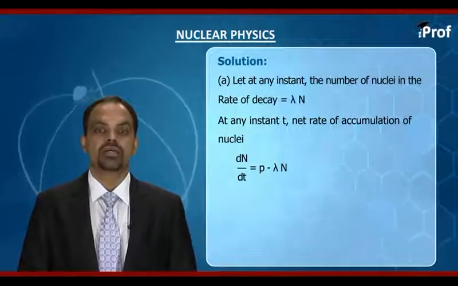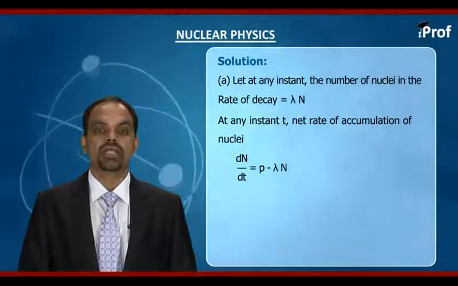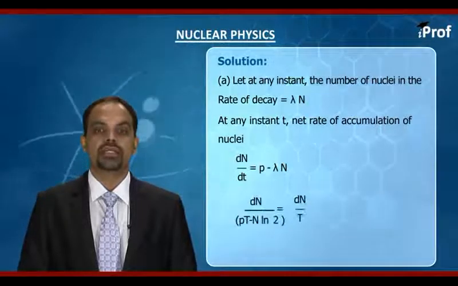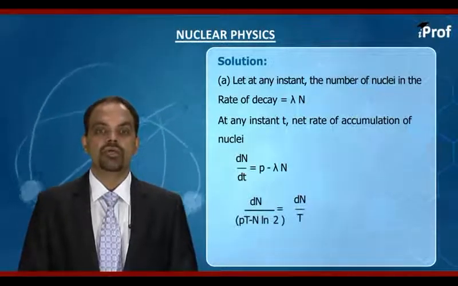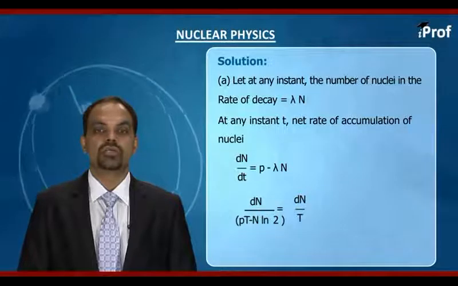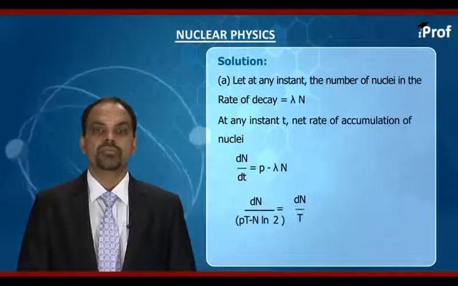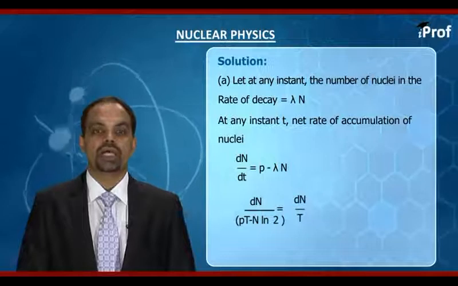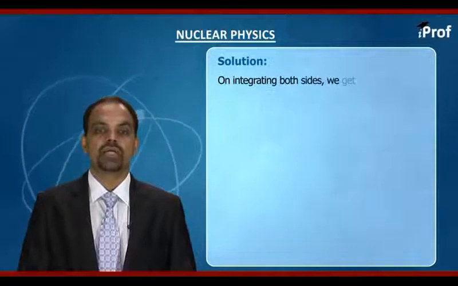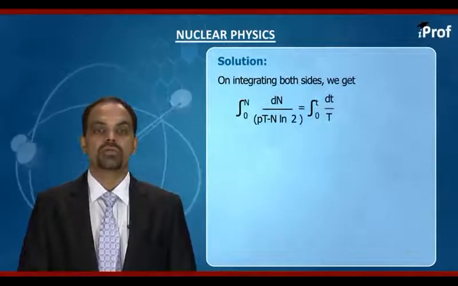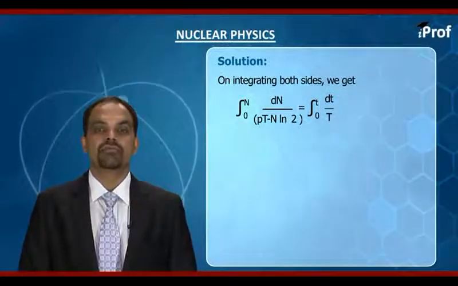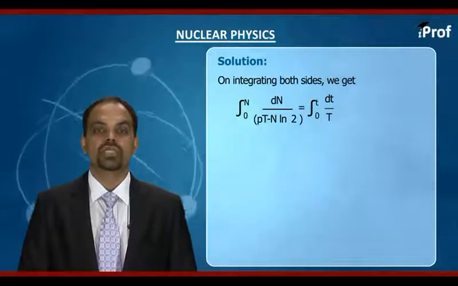Now when we make a rearrangement, we can write dN over P minus lambda N is equal to dt. Now we can integrate this differential equation on both sides, where our limit for dN will be from 0 to N, and for time it will be 0 to t.